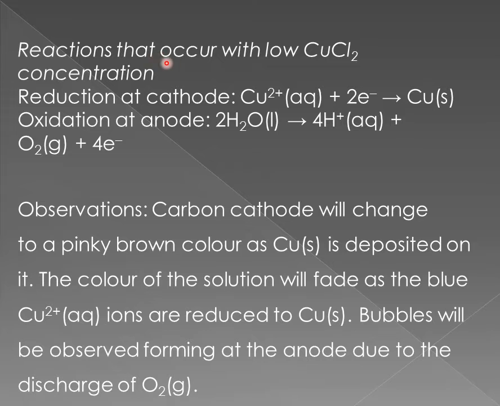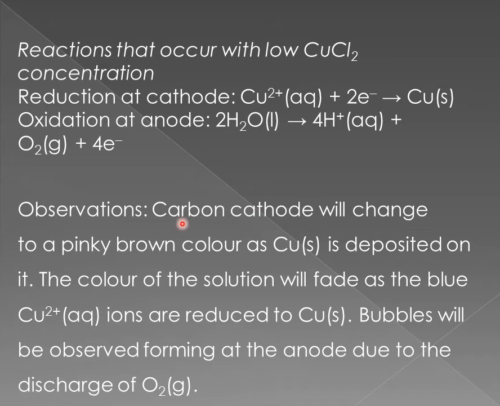So for the reactions that occur with low copper chloride concentration, copper will be reduced at the cathode, but at the anode only oxidation of water will happen to give oxygen gas and 4H+.